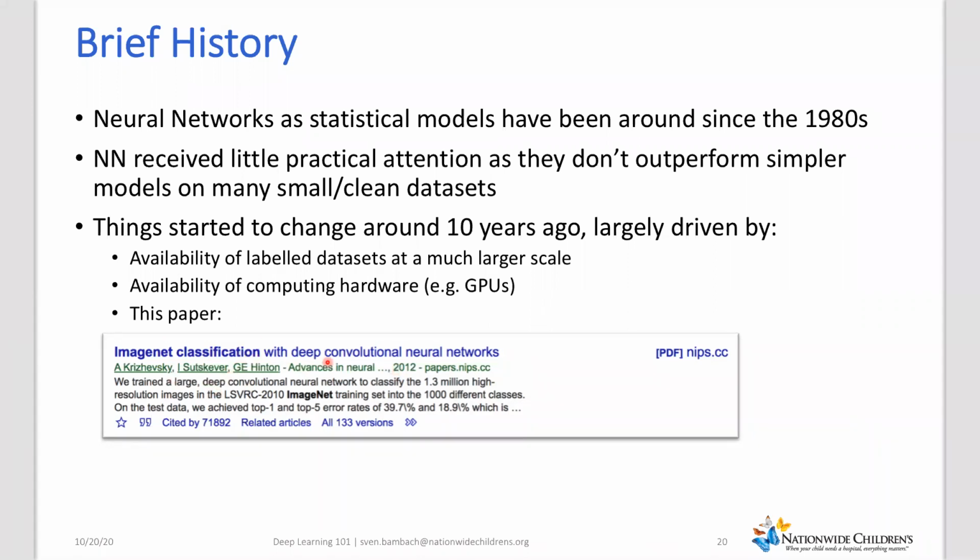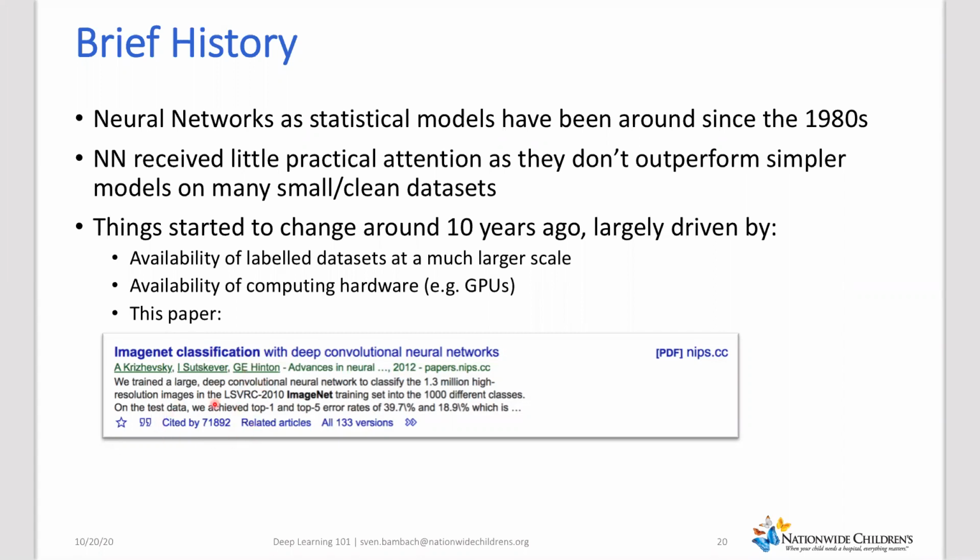This 2012 paper was by Geoffrey Hinton, a very big name in deep learning. You may have heard of him or read some articles about him. It basically made everybody switch to deep learning for the next 8 years.